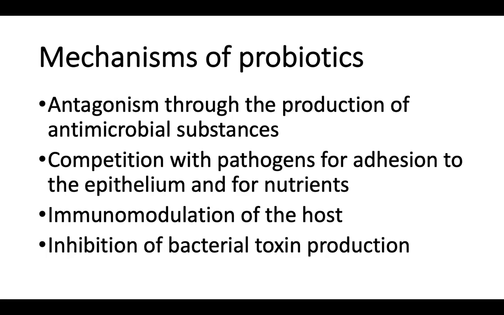For uptaking the nutrient, some probiotic microorganisms have the mechanism to outcompete the pathogenic microorganism. For example, they can produce siderophores to uptake the iron or like that. In that case, pathogenic microorganism suffers from the nutrition, and this is another antagonism.